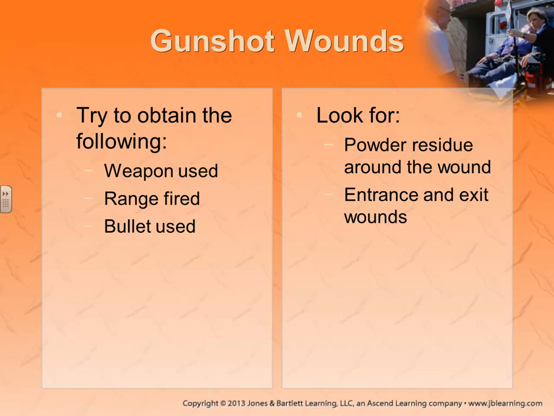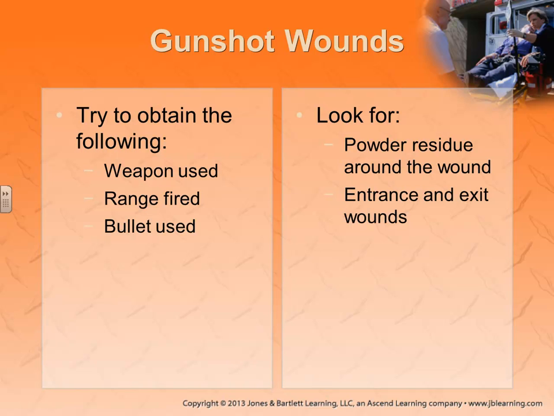Particularly going back to the knife wounds, the stab wounds, you need to know what was used, the length of the blade, and also the size of the person causing the wound. Why? Judge force. Because I can cause a lot more force when I stab somebody than a person that's 75 pounds, right? Because I've got more density, more mass behind me to force it.